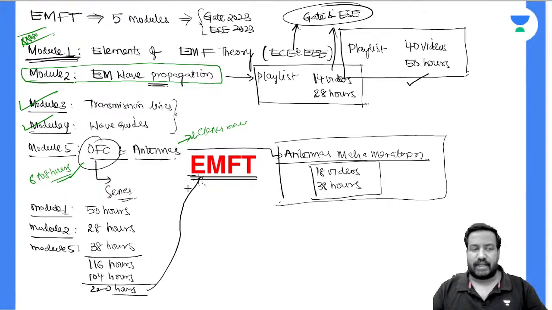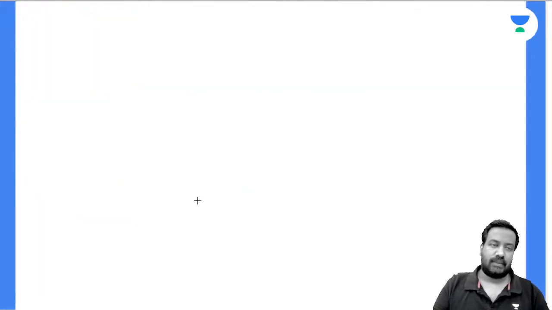That's the idea. Whatever content is there, if it is available fully, then we can go for module 3 and module 4. Is that clear, or any other pattern you want?